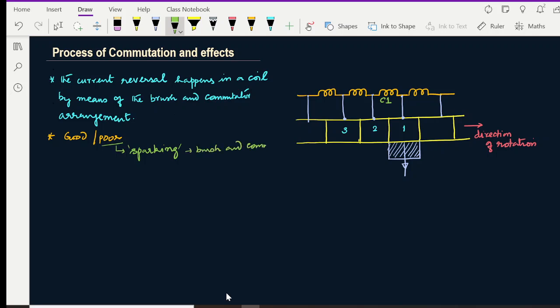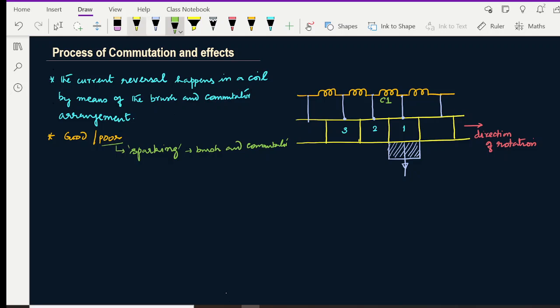This is generally named poor commutation. If there is no sparking identified in that particular location, then people say that it is a good commutation, or the commutation process is good in the particular machine.